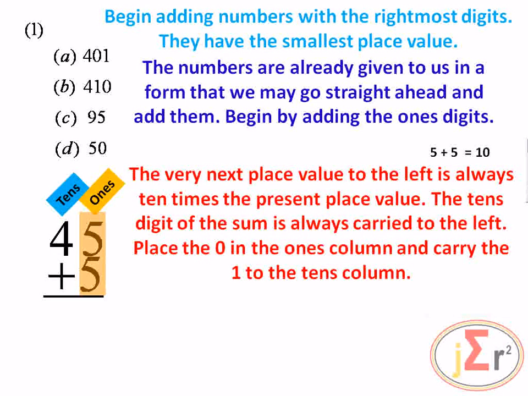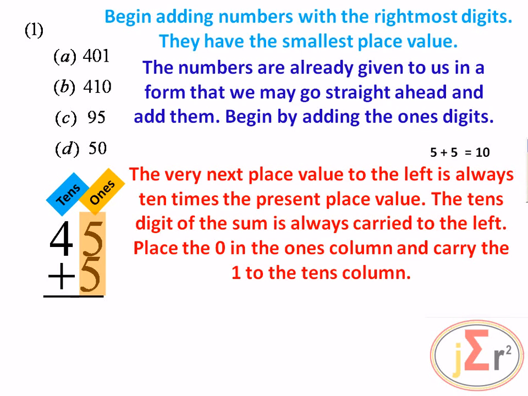The very next place value to the left is always 10 times the present place value. So that is why the tens digit of the sum goes to the left, because the place value to the left is always 10 times the present place value.